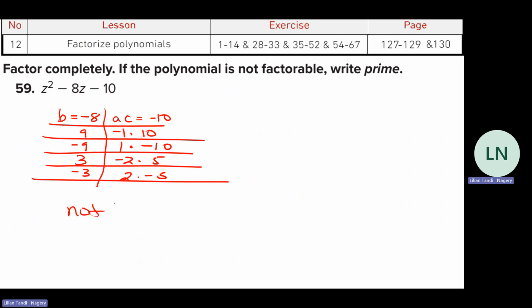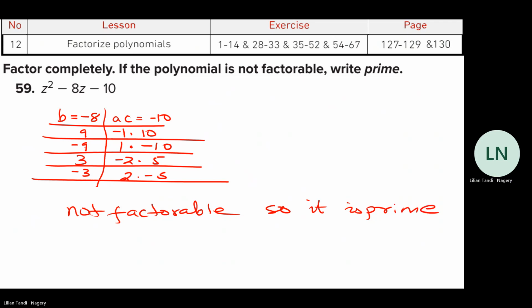Not factorable. So it is prime. See, I did not get -8 here. So that's how I know it's not factorable.